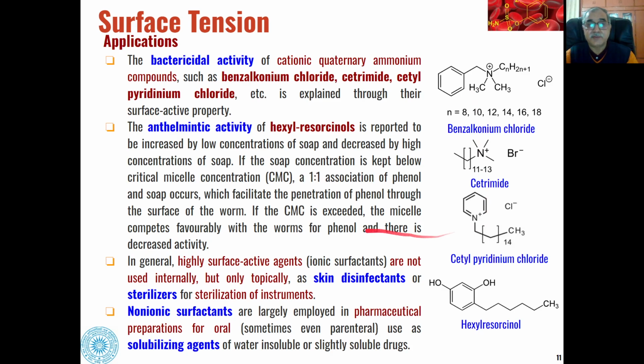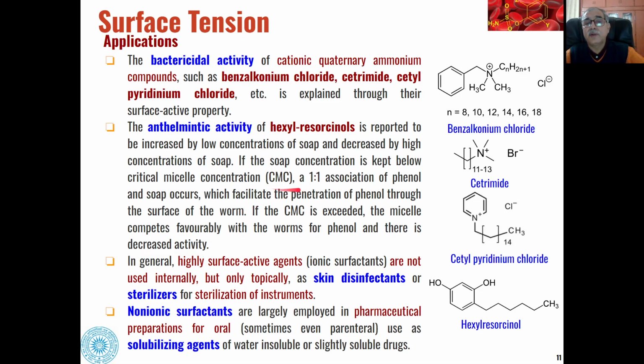These bactericidal activities are because of the surface active properties of these molecules. Then there is the anthelmintic activity of hexyl resorcinol. Resorcinols, you know, are 1,3-dihydroxybenzenes. So they have been reported to have this type of activity.